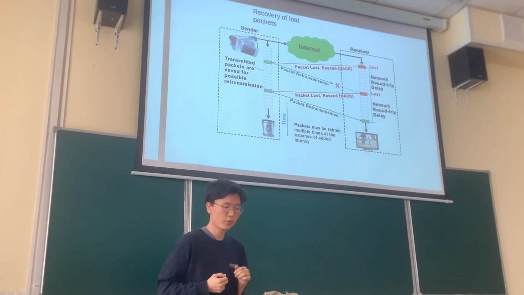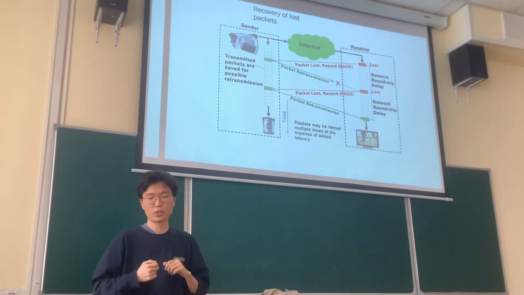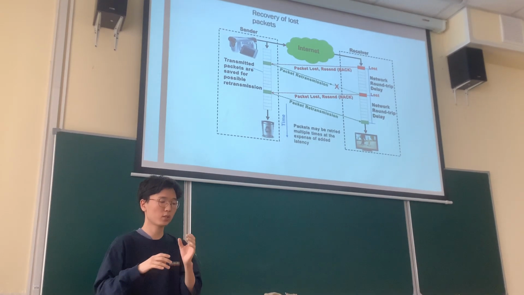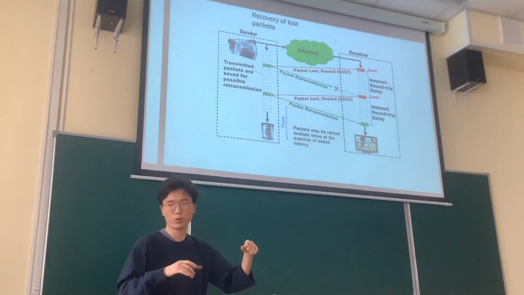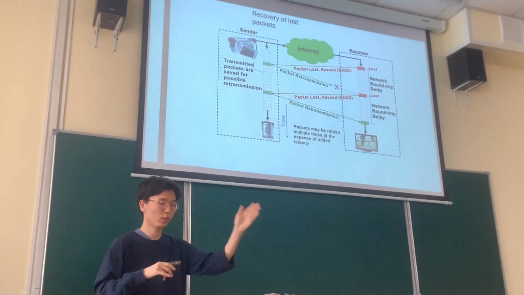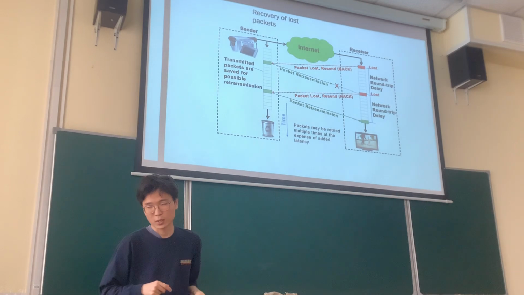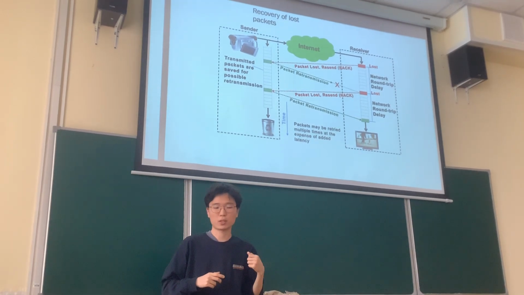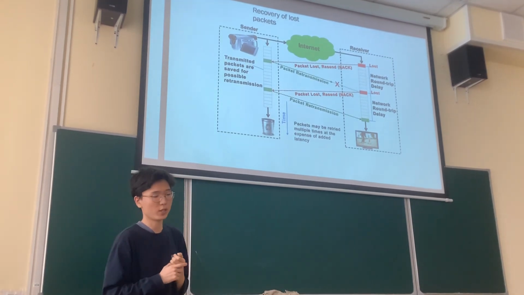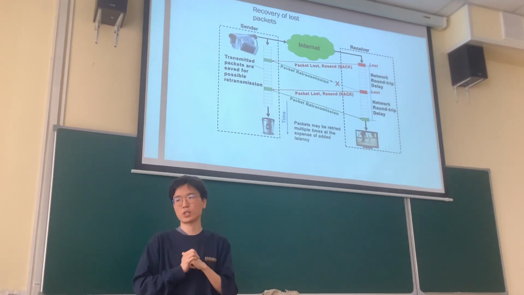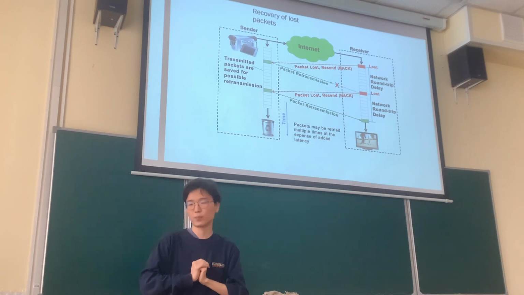On the receiver side, the receiver checks whether the sequence number is the next value after the previous one. Like, the previous one was the second, and the next has to be the third. And if the packet that came to the receiver is the fourth, it asks the sender to retransmit the lost packet.